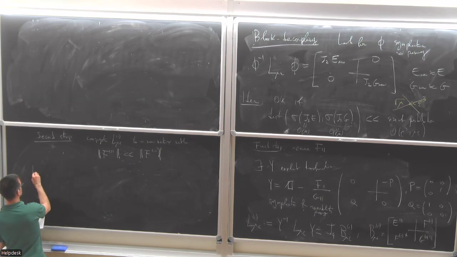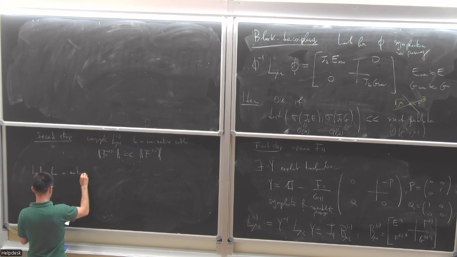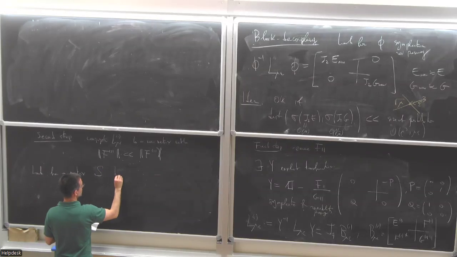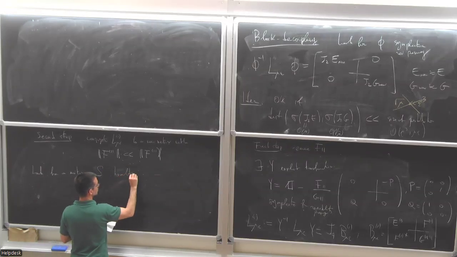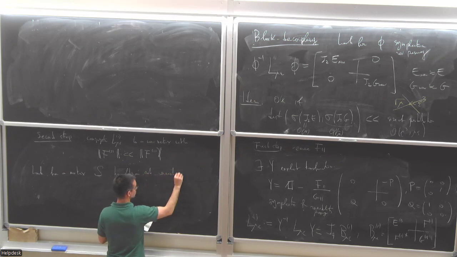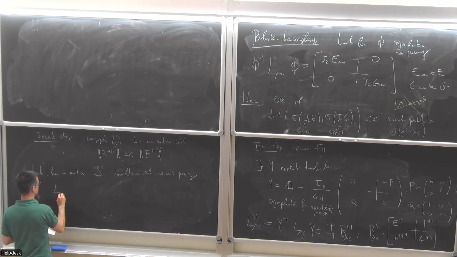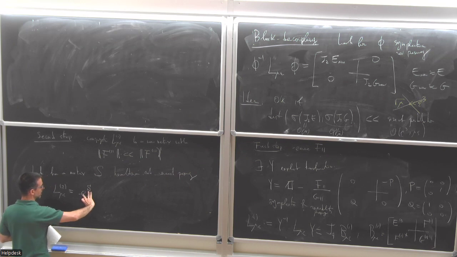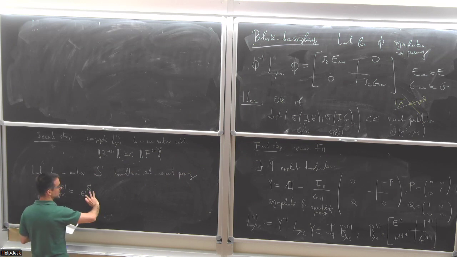I look for a matrix S, which is Hamiltonian and reversibility preserving, such that L mu epsilon 2 is equal to E to the S times L mu epsilon 1 times E to the minus S. So now I conjugate with a matrix of this form, exponential of S, in such a way that this is symplectic and reversible.